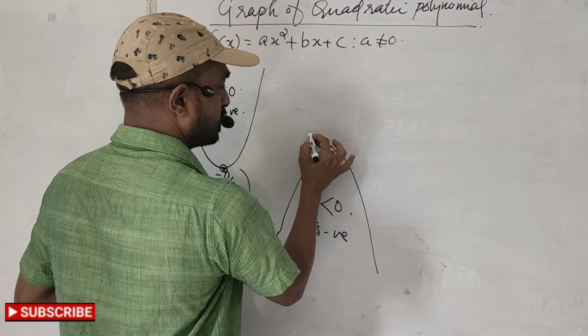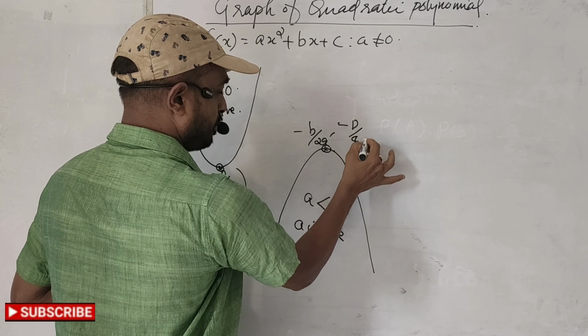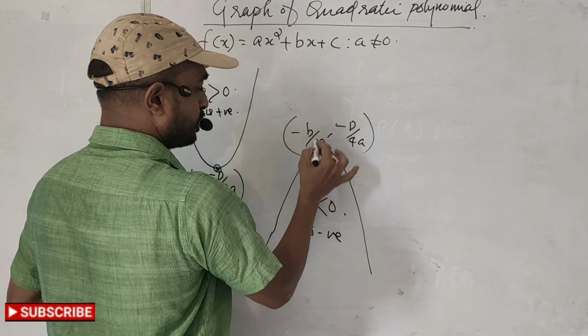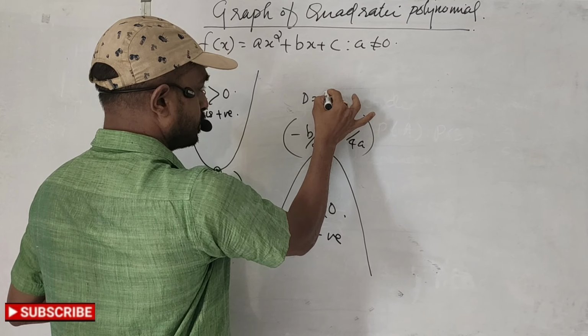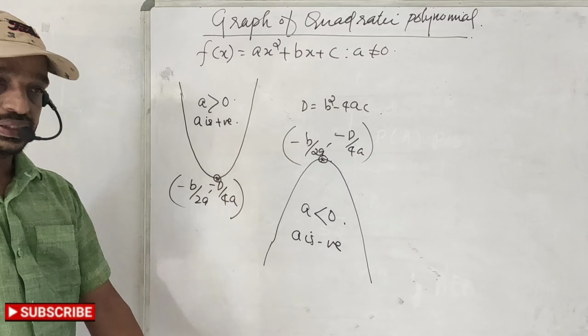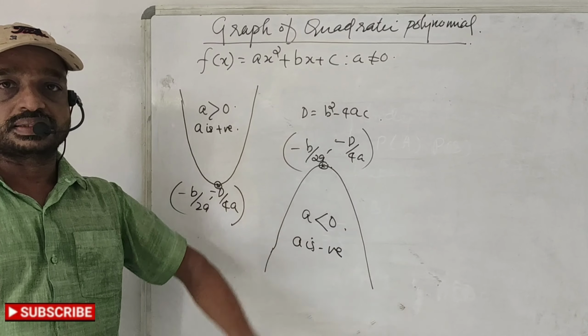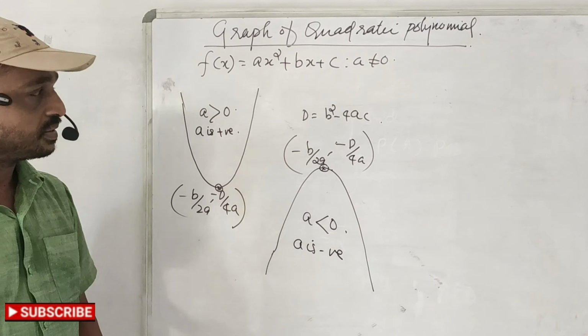In this case also the vertex will be (-b/2a, -D/4a), where D is equal to b² - 4ac. For the time being you need not bother about the vertex and its coordinates. That you will see later.